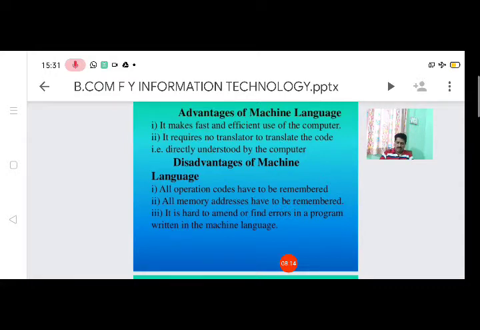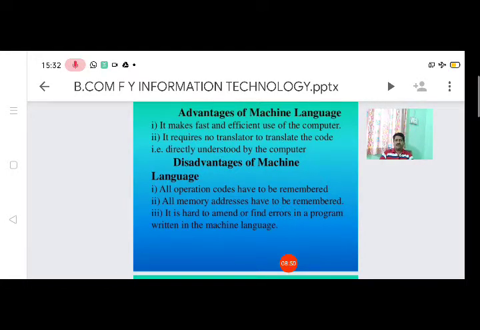The symbol 0 stands for the absence of an electric pulse, and the 1 stands for the presence of an electric pulse. Since a computer is capable of recognizing electric signals, it understands the machine language.